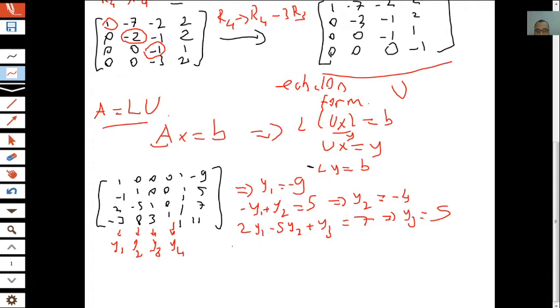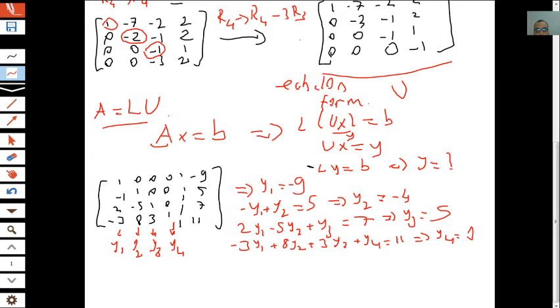And from the last row, you have minus 3 y1 plus 8 y2 plus 3 y3 plus y4 is equal to 11. So we have y4 is equal to 1, writing them here. And then after finding the variable y from this equation, we can find x easily.